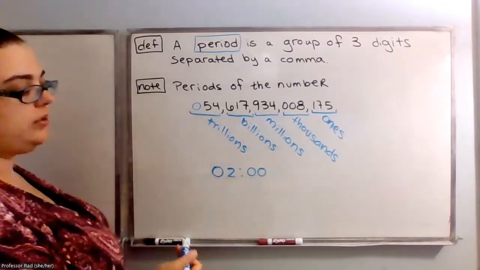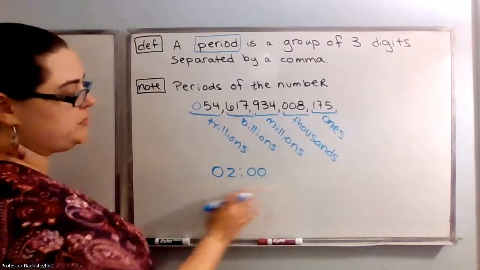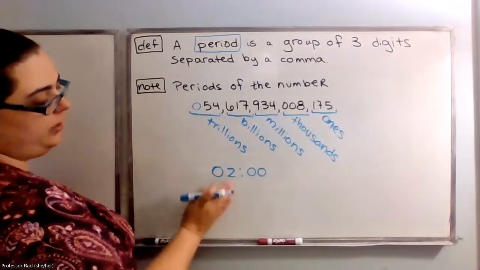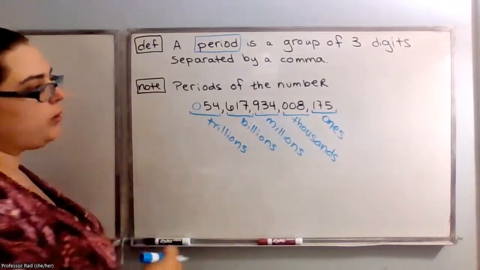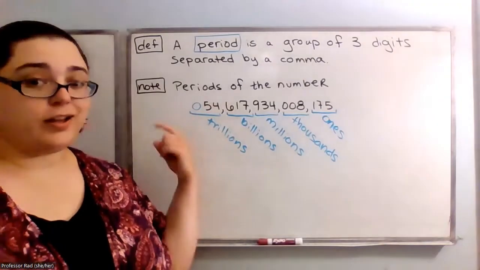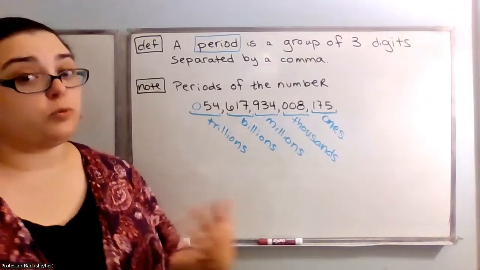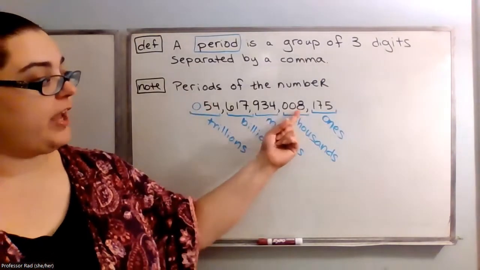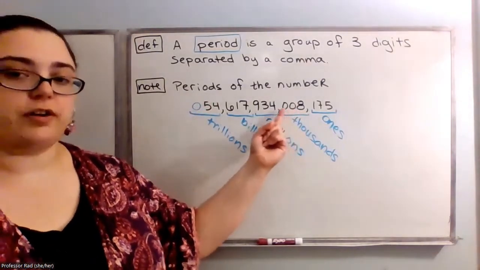Older digital clocks will have something like 02, and we know that just means 2. So when we say a group of 3 digits, sometimes there's an invisible 0 in front. Sometimes there might be 2. If you have 1 trillion, it would be 001. But here we have 8,000 because there are these 2 zeros in front of the 8.